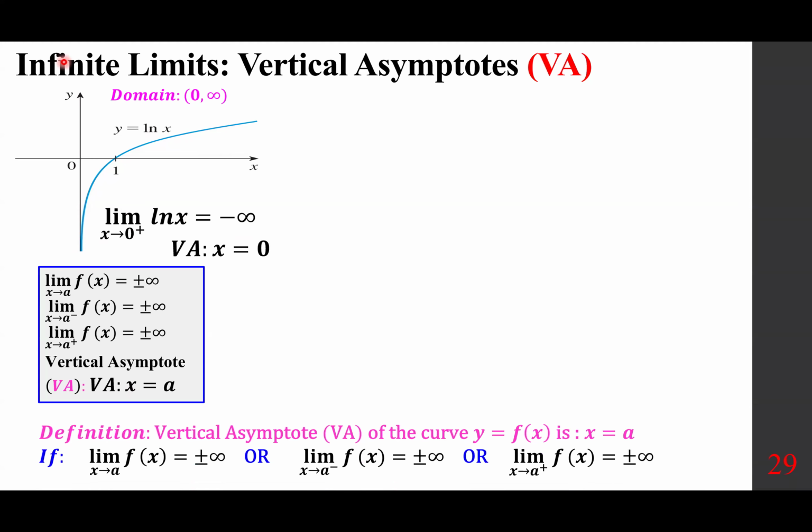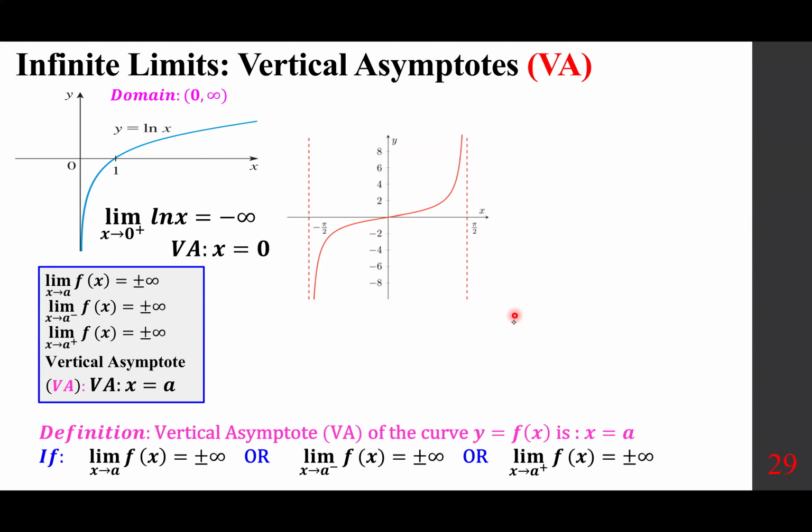Definition: the vertical asymptote, or VA, of the curve y equals f of x is x equals a, as long as one of them holds. It was mentioned here in summary. Another graph you may remember, y equals tan x, goes from negative to positive infinity, and it has a bunch of vertical asymptotes.